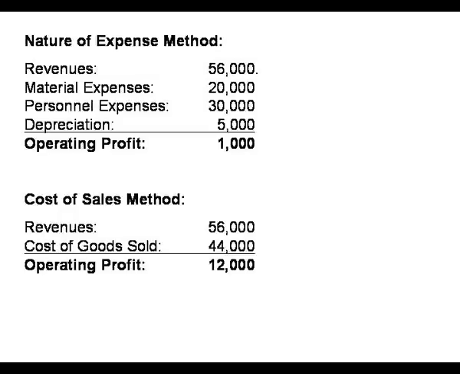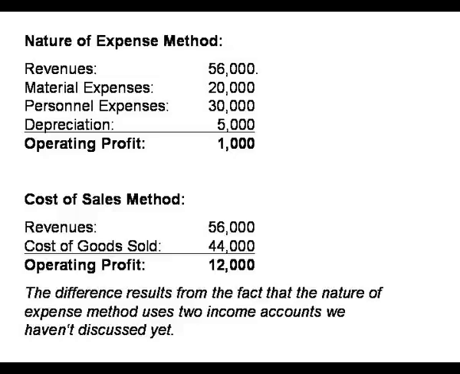Well, it's a little different from the cost of sales method because here we also have revenues of 56,000, but the cost of goods sold, die Herstellungskosten, amounts to 44,000 as we calculated before, and that leaves us with an operating profit of 12,000. So something is not right.